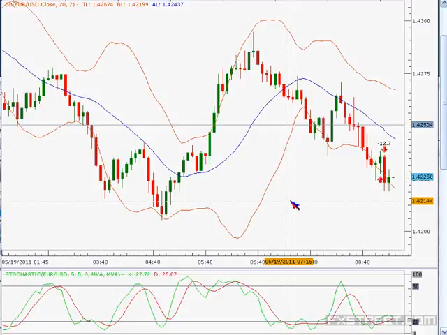For these longer-term swing trades, I'm looking for trades that hopefully I can get into with just about 100 pips of risk. For me, 100 pips of risk is a decent amount, give or take some. It's never going to be perfect.